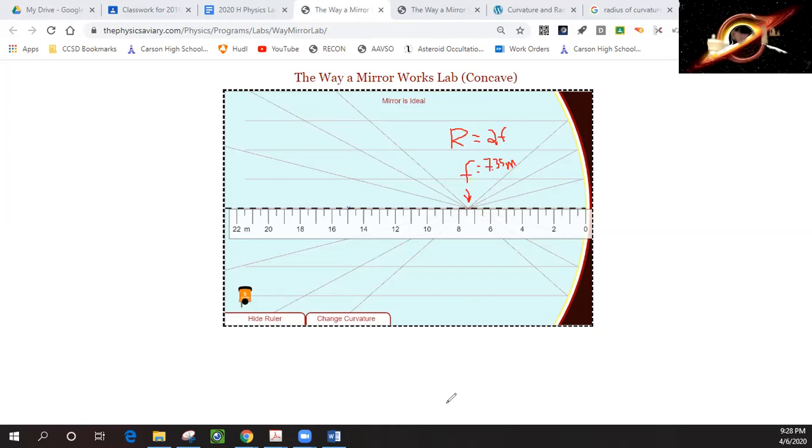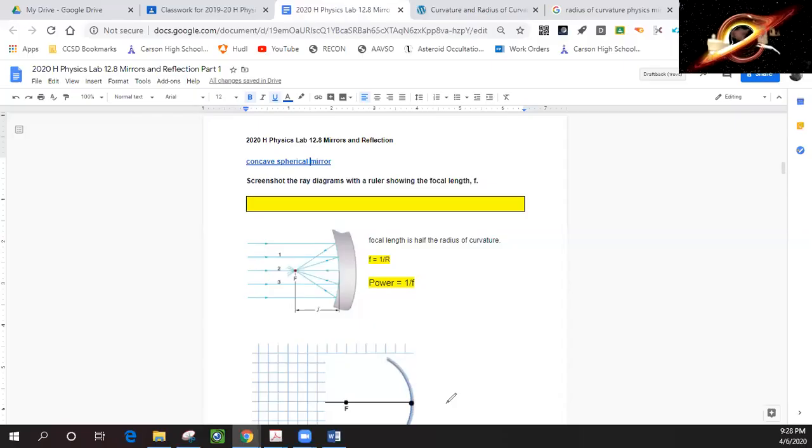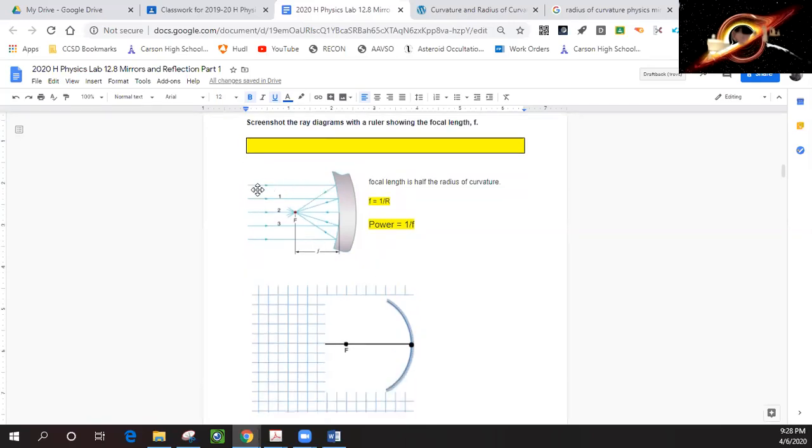So let me go ahead and hit pause here, and we'll continue on. All right, so you'll want to go to this link and do what I just did with the ruler: screenshot the ray diagram with the ruler, tell me what the focal length is, and copy and paste it in here. Again, here's some more illustration of the focal length for a concave mirror, and here's the power.